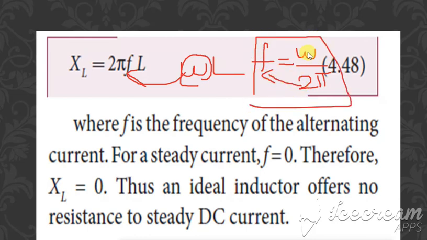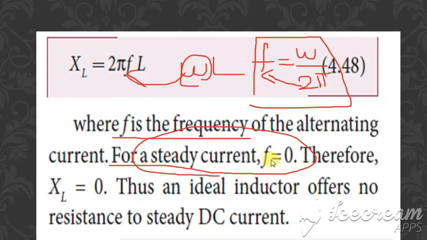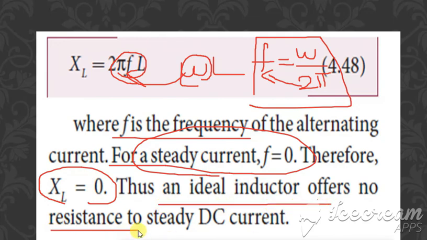If we need omega, it is 2 pi into f, where f represents the frequency. For steady current, f is equal to 0. When f becomes 0, XL also becomes 0. Thus the inductor offers zero resistance to the DC current. For DC current the frequency is 0, so the inductor offers zero resistance to DC current.